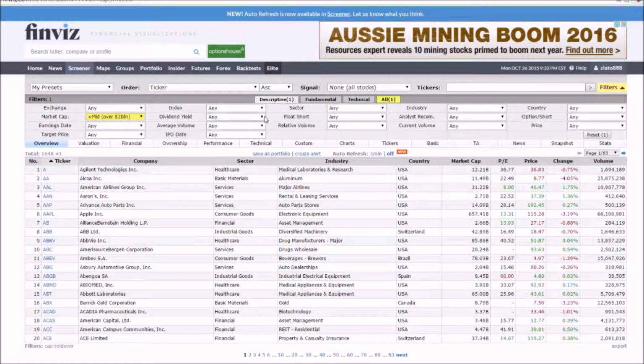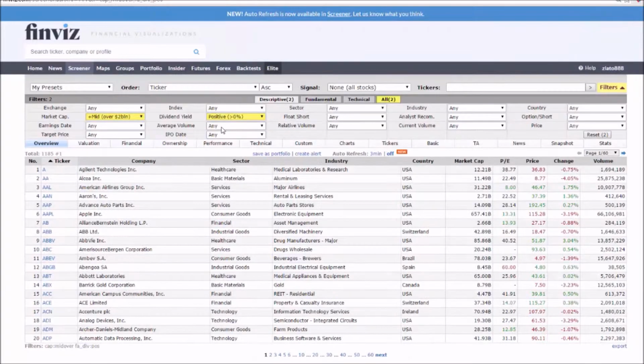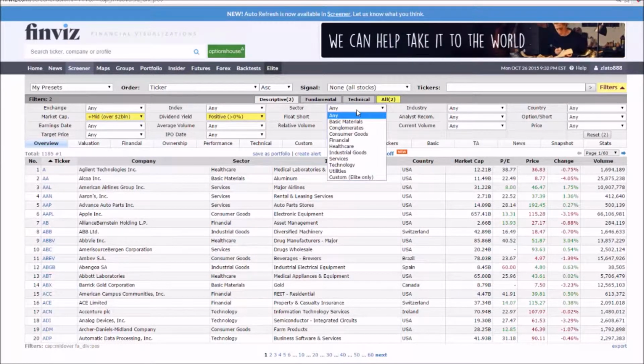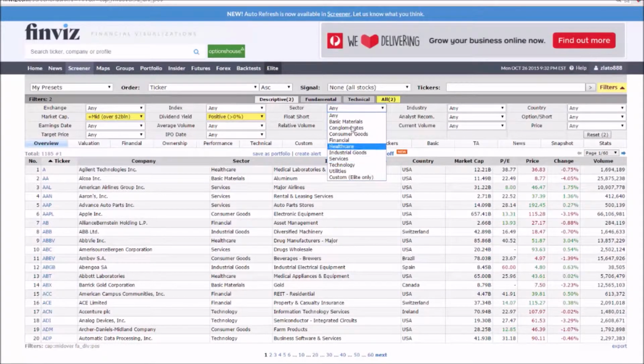At the moment, we just need the company to have a dividend, so we can see positive. Okay, that they are paying a dividend, and the number of companies reduced as well. Then average volume, IPO date, not that important for me. Sector, probably not as well.